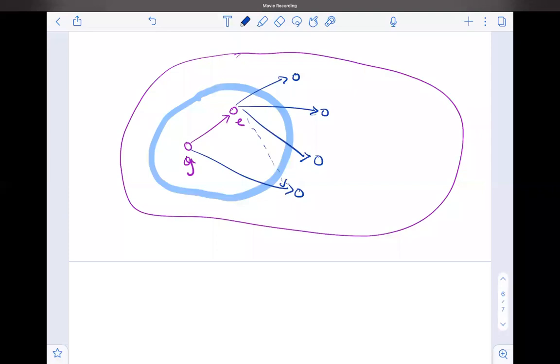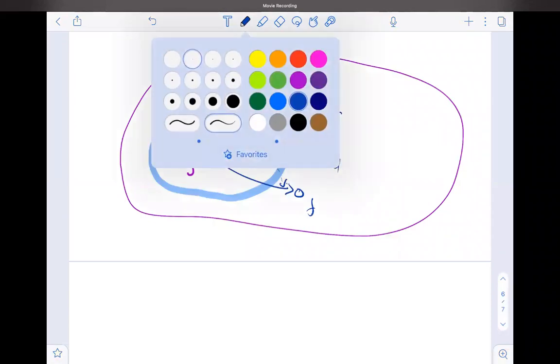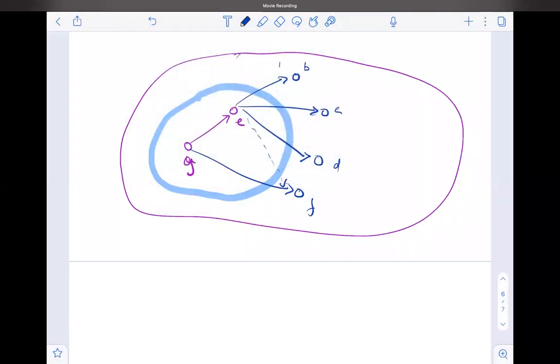I have seen B, C, D, and F, and I know that to reach B I take 18, C takes 10, D takes 18, F takes 11. Now tell me, is it possible that there is a path from G to C of length less than 10? I know that this takes 9.